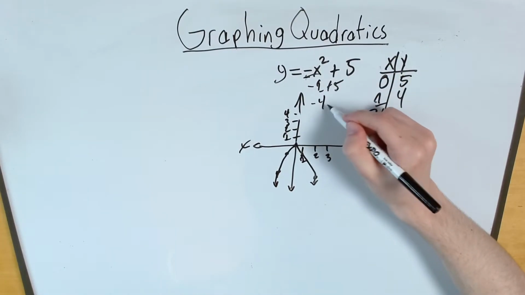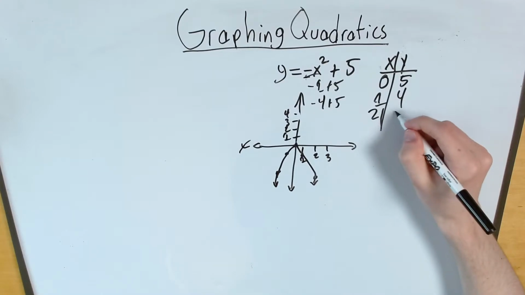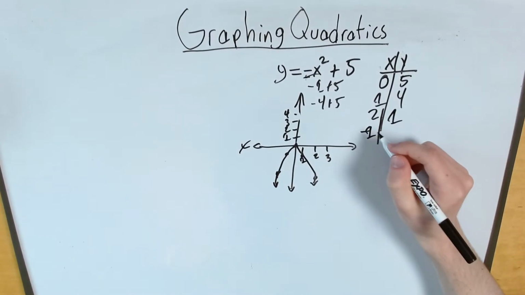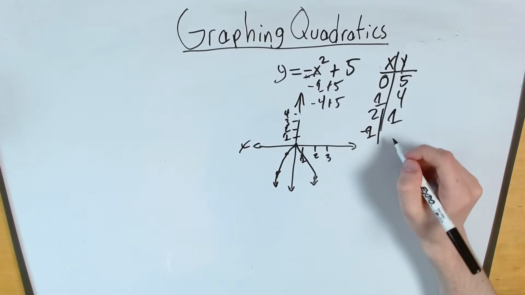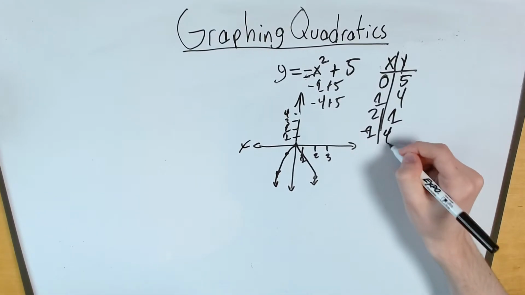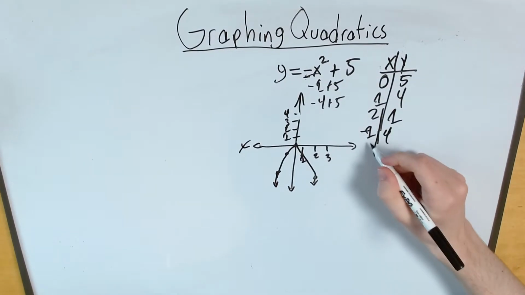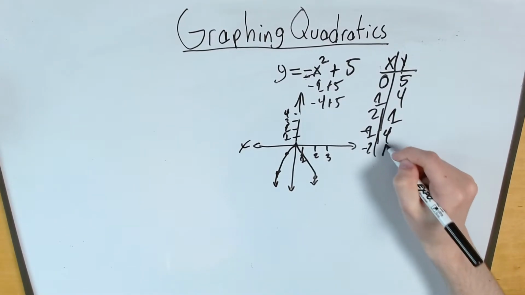That negative sign, so I have negative 4 plus 5. That's 1. Of course, I'll do my negatives, and I get the same resulting y value, because when I square a negative, I get a positive, so it'd be the same as when I was dealing with my positives.